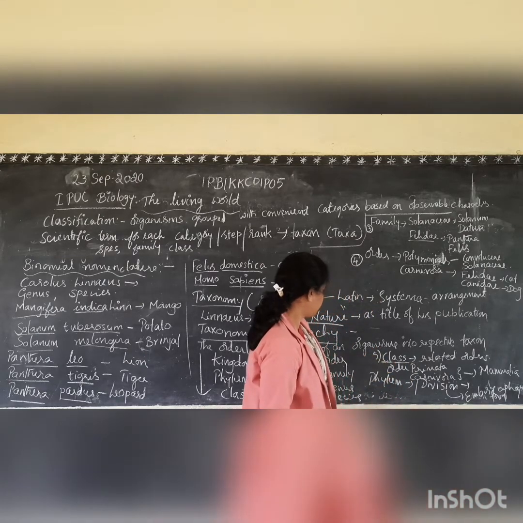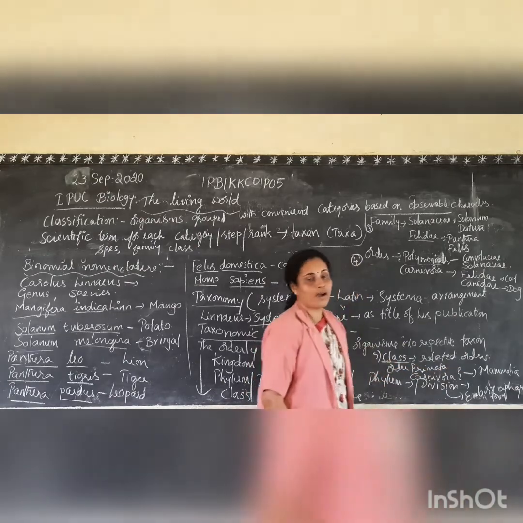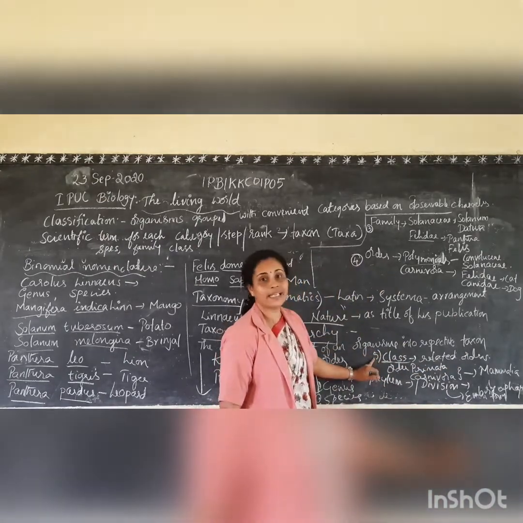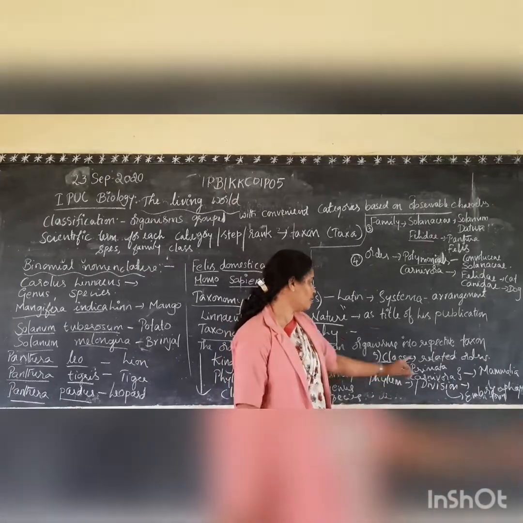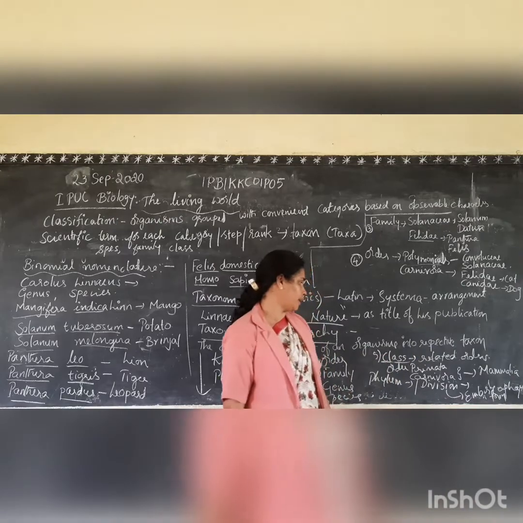After order, the higher one is class. In a class, related orders are placed together, so more than one order is included under one class.